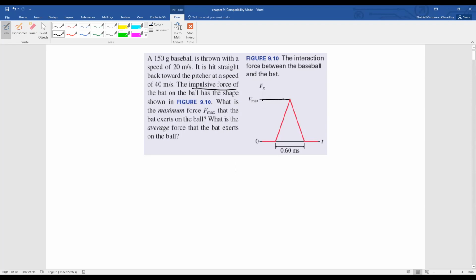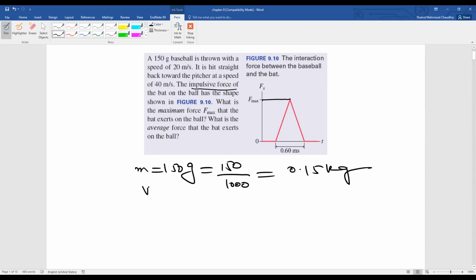First, what will you do? Its mass is given, 150 gram, and you can convert it into kilogram, which is equal to 0.15 kg. The initial speed is 20 meters per second. It is given.